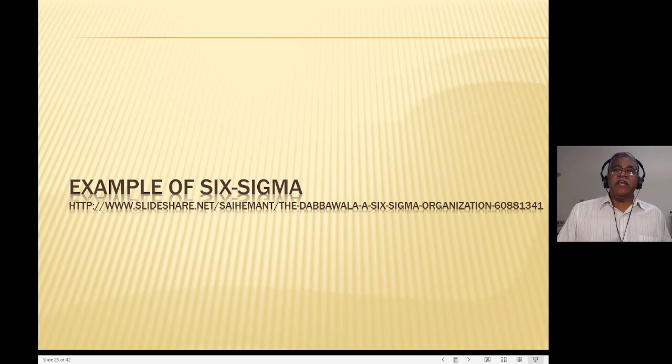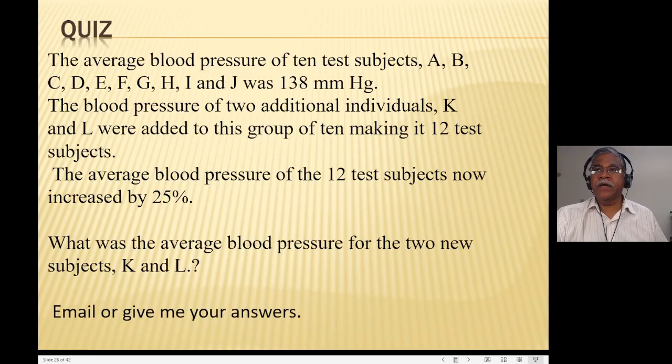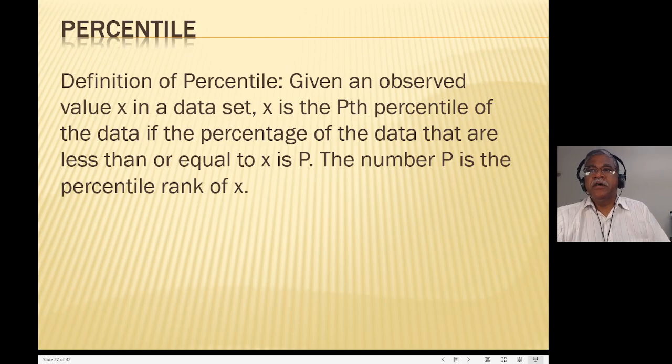So if you say my error rates are up to one standard deviation, which means 68% of your work is correct, that means 32% of your work is in error. So the further standard deviations you go beyond, the more of the errors you are encompassing. Okay, so this was supposed to be a quiz, but I'm not going to worry about this quiz, so feel free to ignore it.